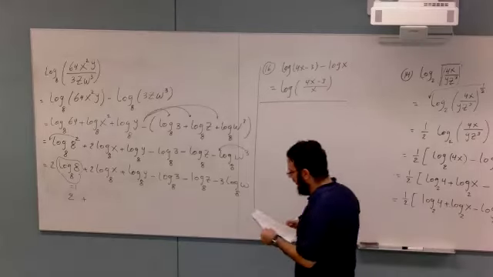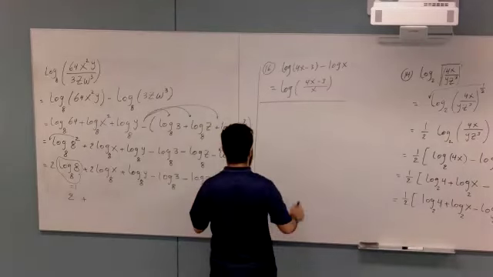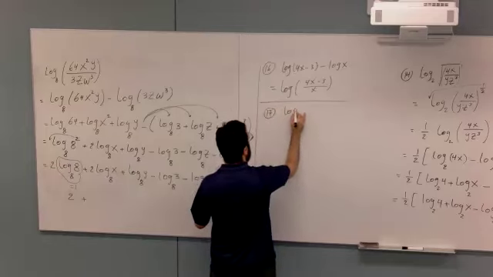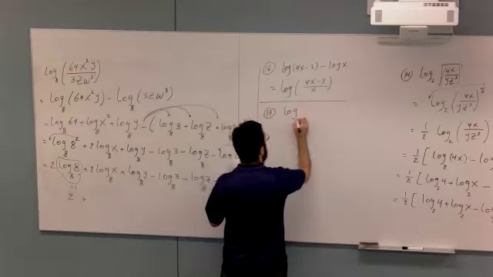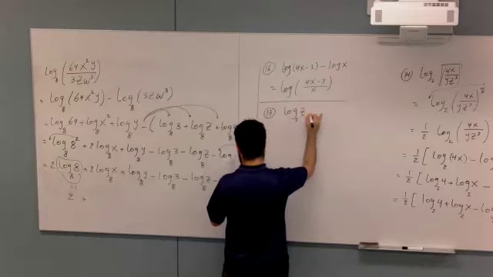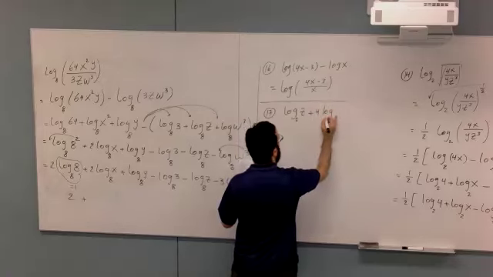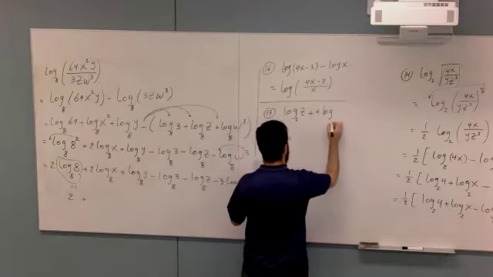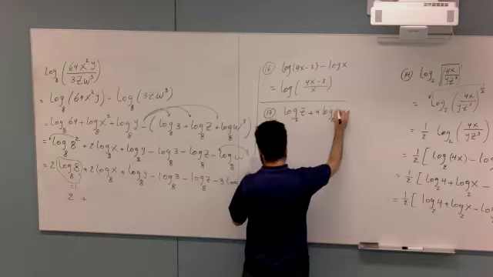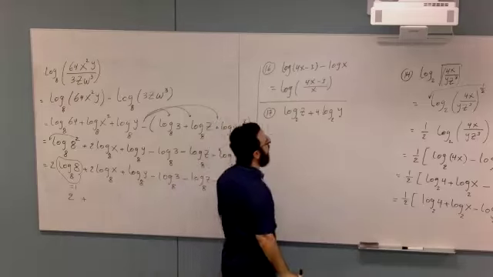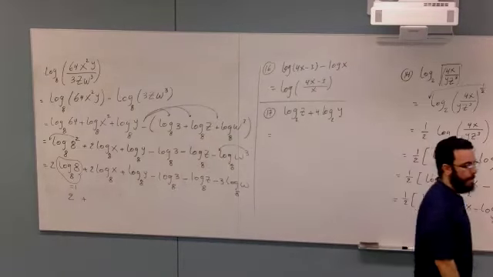Number 17, is that the same thing? We have log base 2 of z plus 4 log base 2 of y. Tell me, how are we going to write this as a single log?